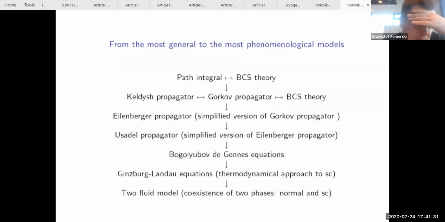And of course, this picture can be translated into a path integral approach that can be an equivalent in BCS theory, but if you deal with the Keldysh contour, you can take into account dissipation processes that take place. So there is an essential enrichment of your mathematical structure that is able to describe your processes in a more detailed way.